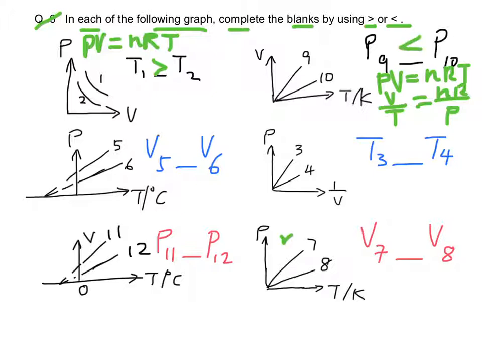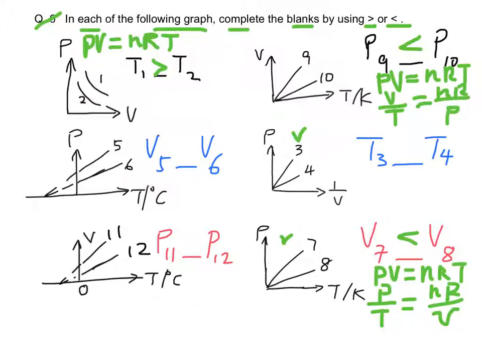For this graph, by PV equal to nRT, we have P over T equal to nR over V. Therefore, V7 is smaller than V8. For this one, we have PV equal to nRT. Therefore, P equal to nRT times 1 over V. Therefore, we have T3 larger than T4.